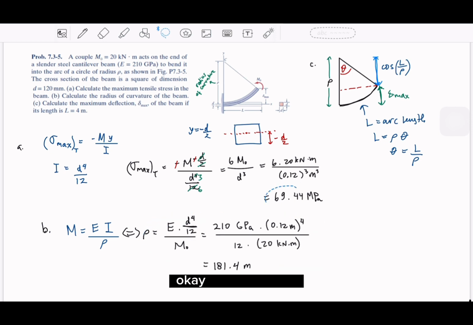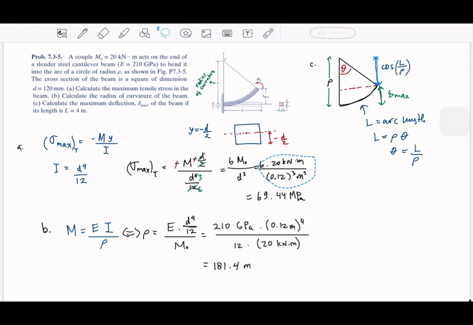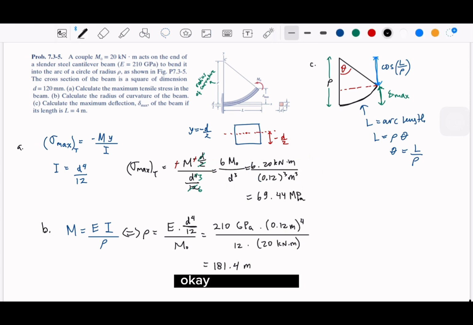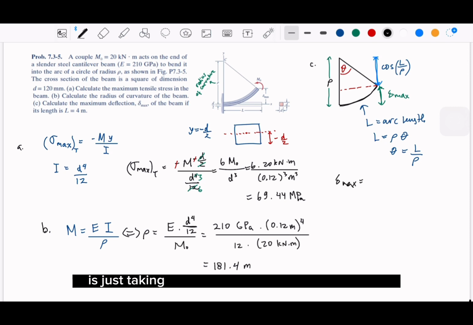Okay, so delta max is just taking rho minus this. Oh, sorry, this is supposed to be rho cosine L over rho.